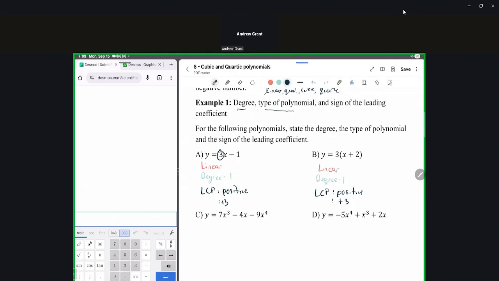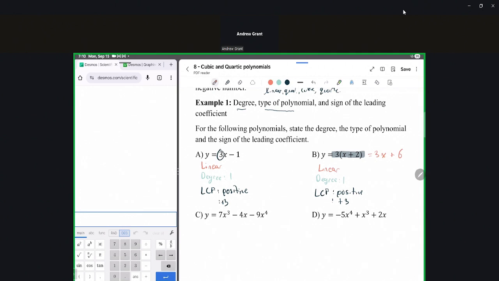Now you might be saying, hey, why did you bring up the same function? Well, the reason is that the kind of functions we're going to be studying today are going to look like this. They are in factored form. And so I don't want you to try to expand these out. I know that you know that 3 multiplied by x plus 2 is the same thing as 3x plus 6. You should just be able to quickly identify that the leading coefficient here is a 3, and this happens to be in factored form.